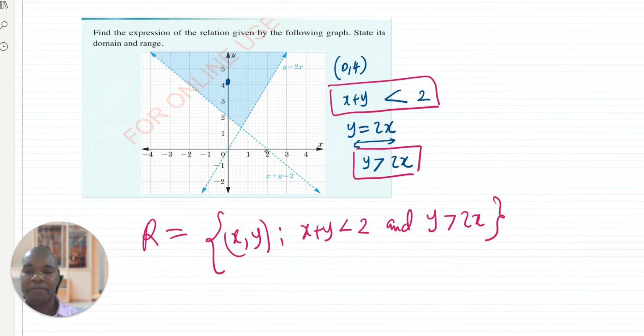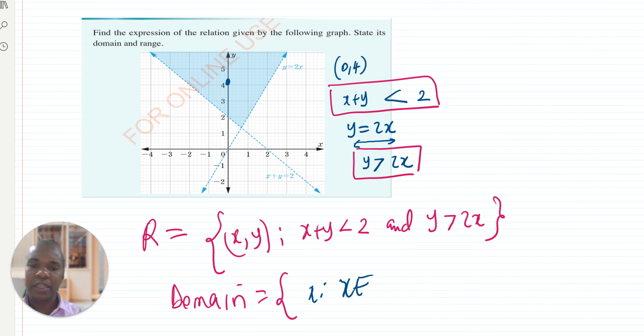Now what is domain? For domain, we'll be checking again the nature of the graph, and from the graph you can see that the x values will be extending from negative infinity to positive infinity. So domain will be all real numbers, dear students.